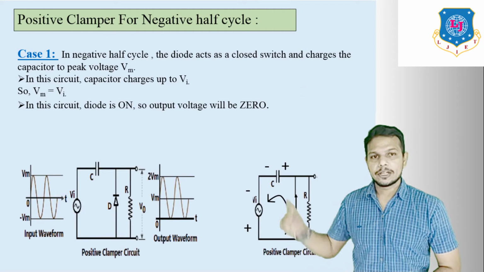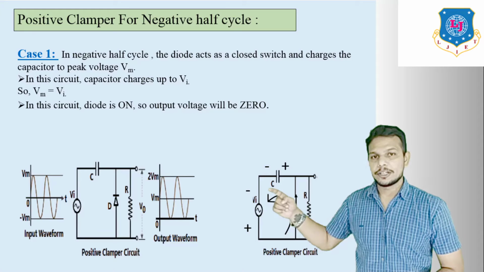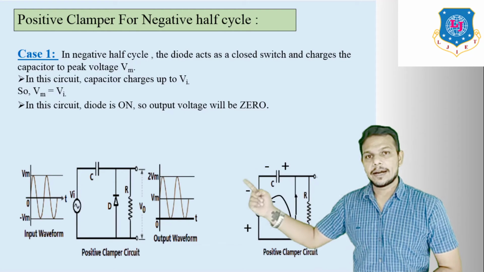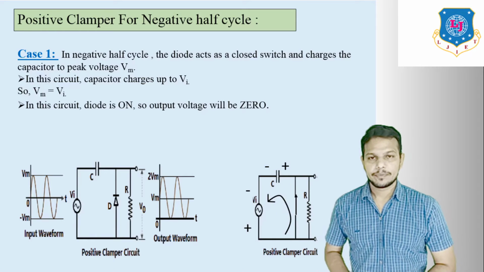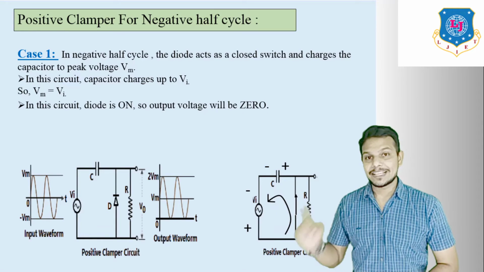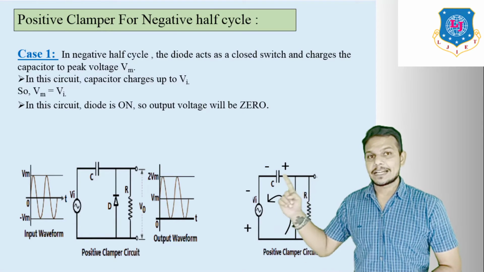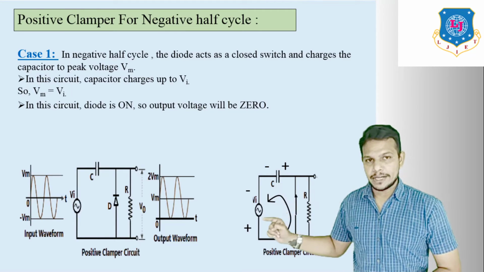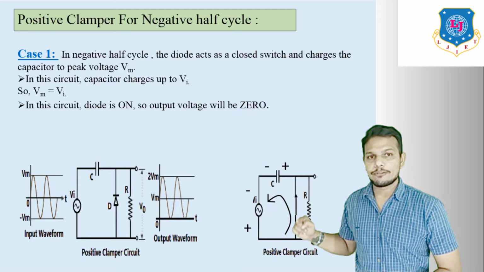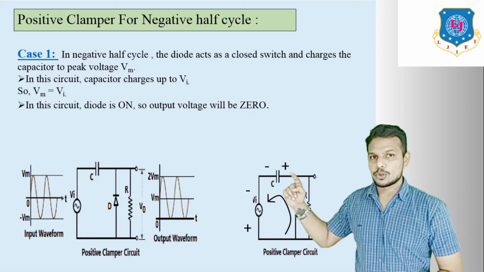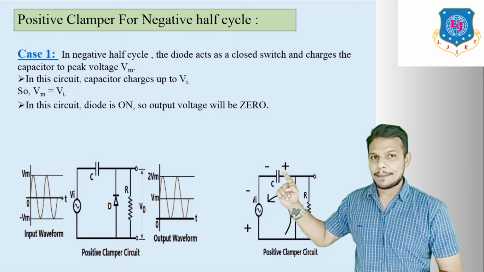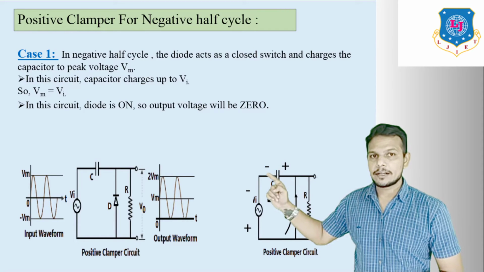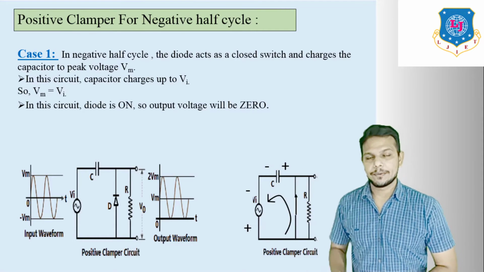Remember this thing here, the capacitor is charging. Here the capacitor is charging, so this side has a plus sign and the other side a minus sign. Always the capacitor discharges from this side, plus to minus. In the first case, current is flowing in this manner, so the first terminal of the capacitor becomes positive and the other terminal becomes negative.